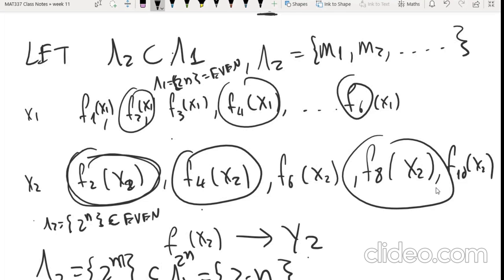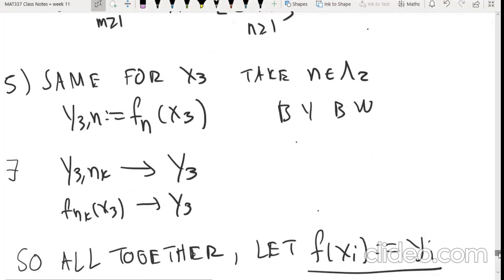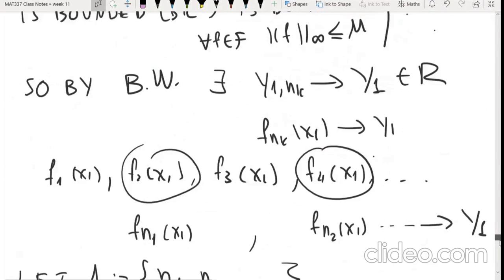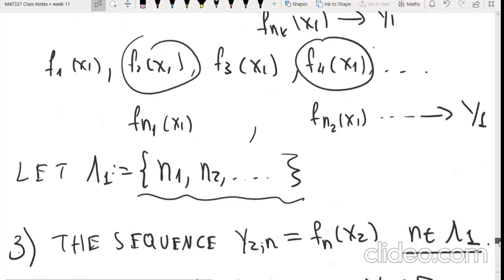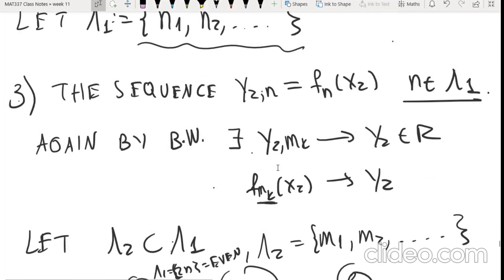Let's say these are even, so F2, F10, they have a limit. So let me say it here, I'll put it here to make it clear.